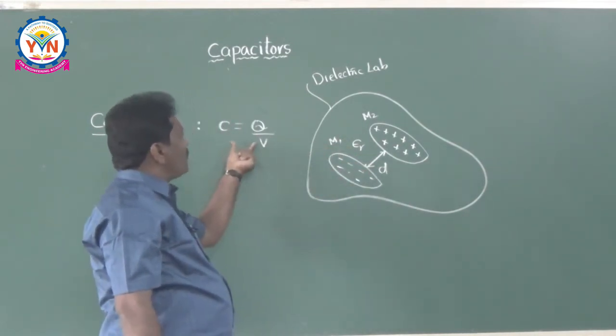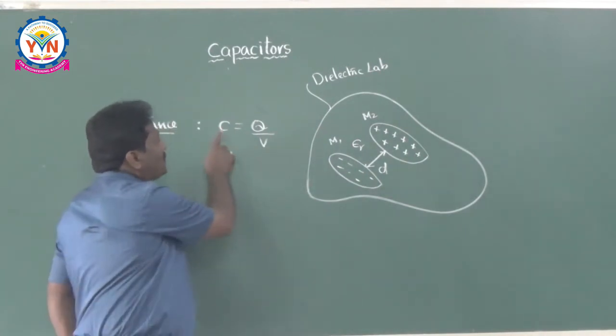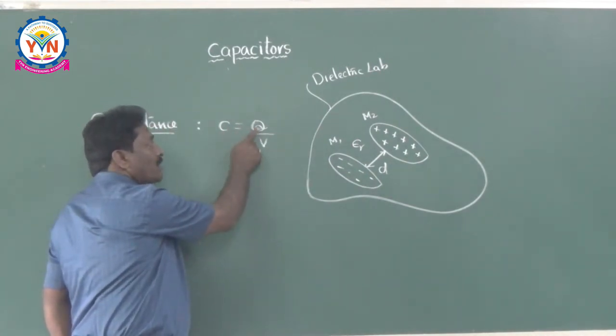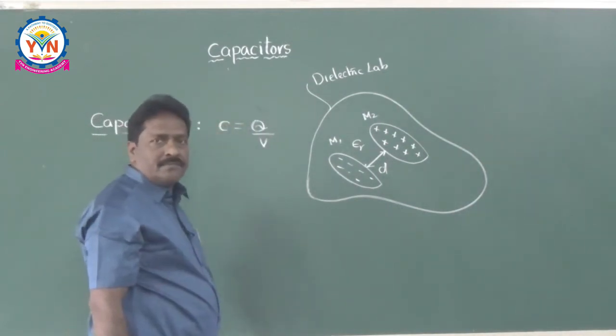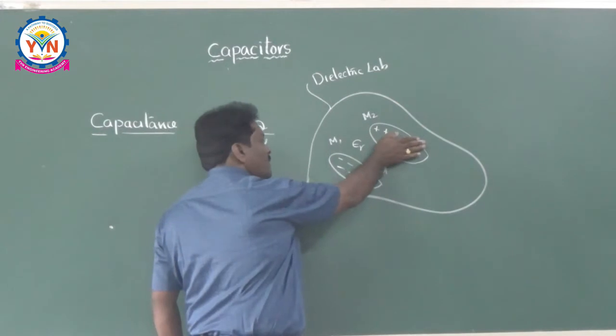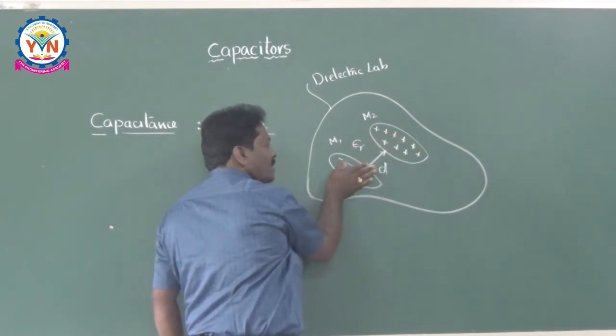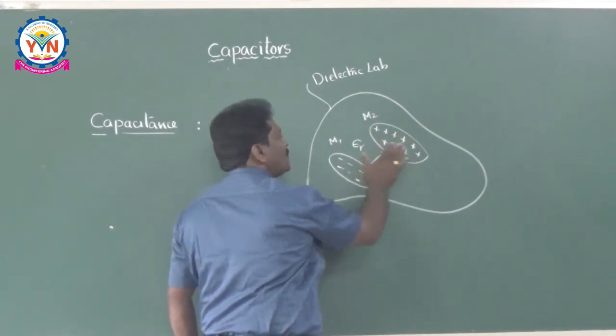From this equation, capacitance is defined as the charge required to develop the potential between the oppositely charged surfaces. Here it is a positively charged surface, and there a negatively charged surface, separated by some distance, which is nothing but a capacitor.